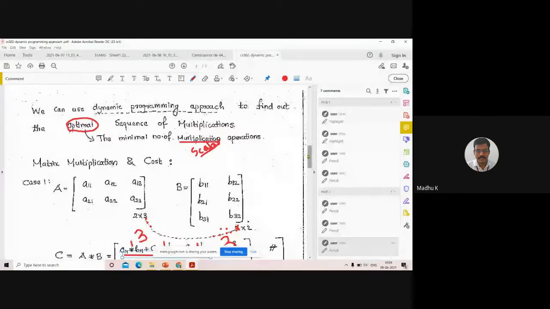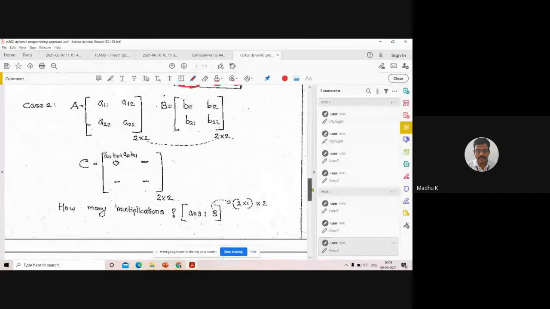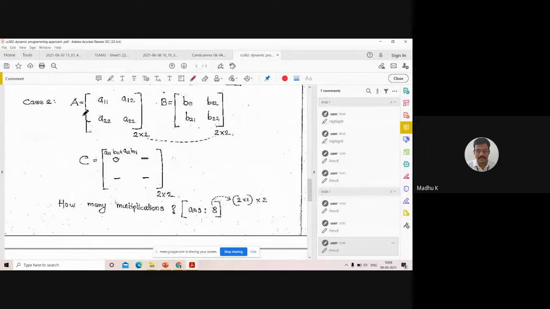Now I am going to example 2. Case 2. Suppose there are two matrices, 2 by 2 and 2 by 2. The basic concept is this should be same, then only we can multiply. How many elements will be in the 2 by 2? 4 elements.